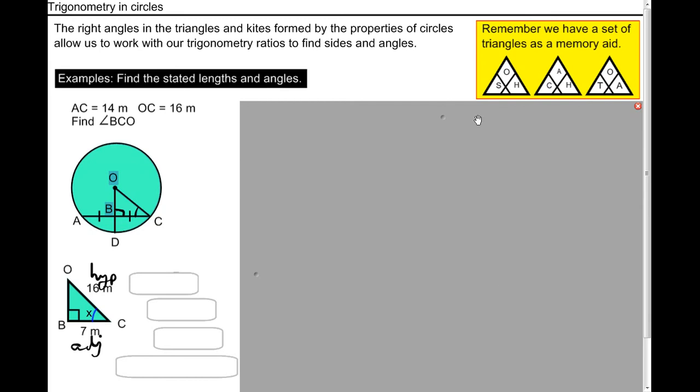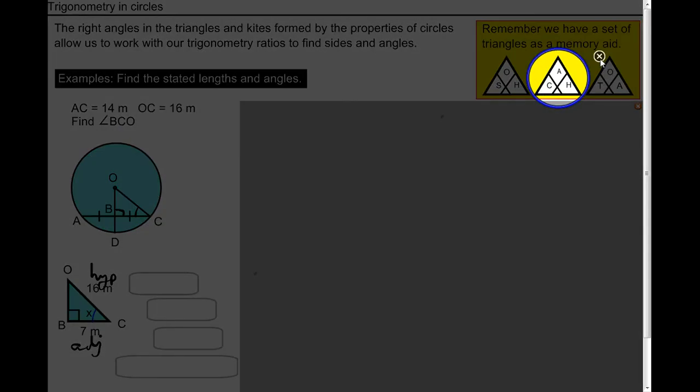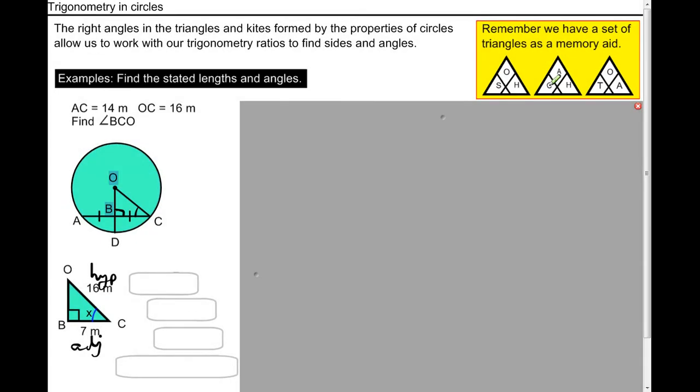So, looking at my rules, the one that lets me use the adjacent and hypotenuse is the cosine ratio. I'm trying to find the angle, so covering that up shows I need to use adjacent over hypotenuse. So I know the cosine of x is the adjacent 7 over 16.